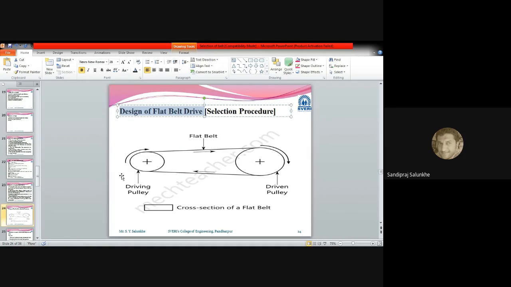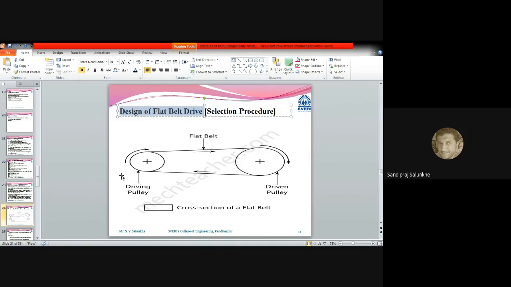And how are you going to find the dimensions? By means of the basic equations of stress. Now, is it necessary to derive some stress equations, or instead can we go for some standard method by means of which we can design flat belt drives?